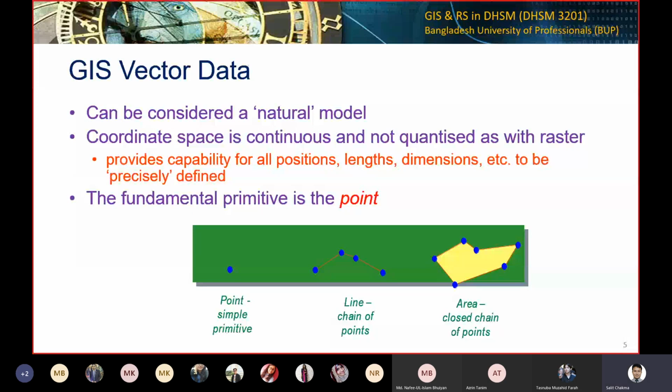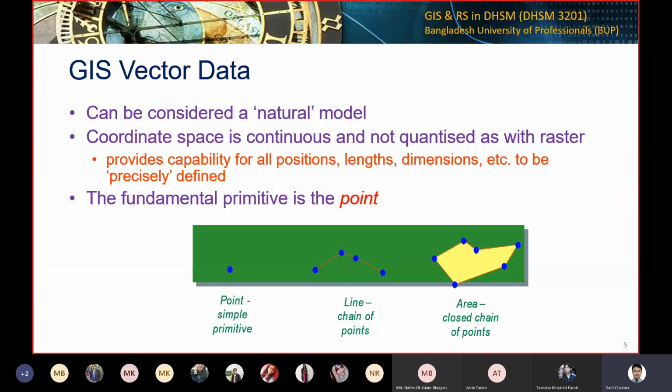a large part of GIS is involved with vector data. And vector data are considered a natural model. Why natural model? Because using vector data, you can draw any entity of the world.